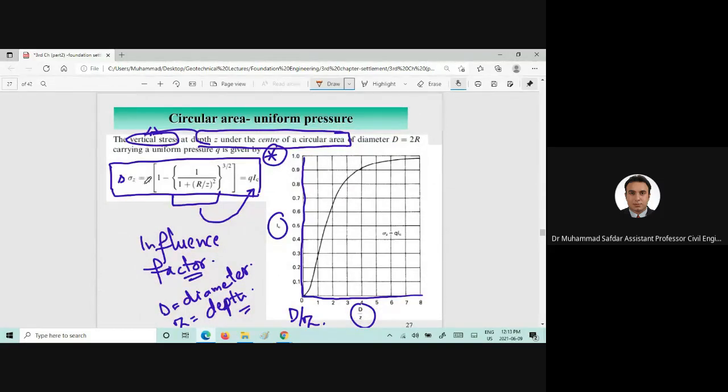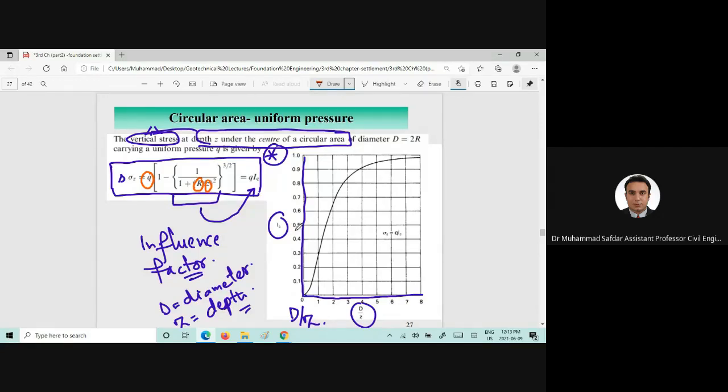So delta sigma z we can find out from the contact stress, and if we know the radius r, and if we have the depth of interest, or even if we use this figure d by z, from that particular d by z we can easily calculate the IC value as well.